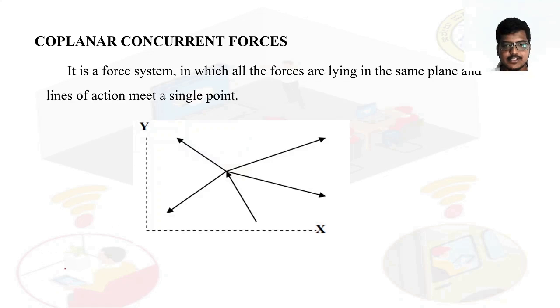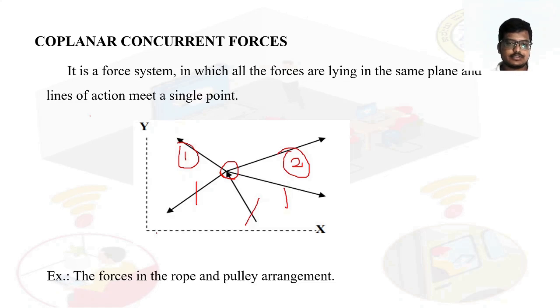See here, this xy is a plane. Here you can see the forces: one force, two, three, four and five. All these five forces are meeting at a common point, that is O, and they are in the xy plane. What example can we give? The forces in a rope and pulley arrangement.